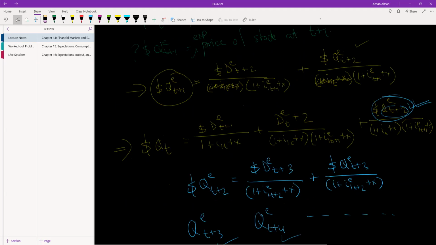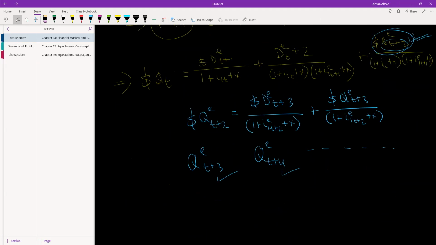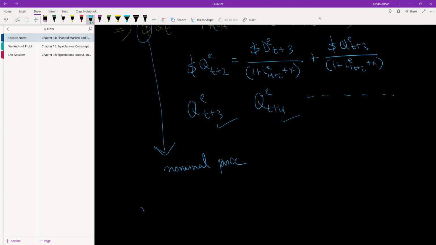Okay. Another thing, and it must be obvious to you guys, this formula is the nominal price, because we have the dollar sign here, we have the nominal interest rate here. So the real stock price can be calculated like this.